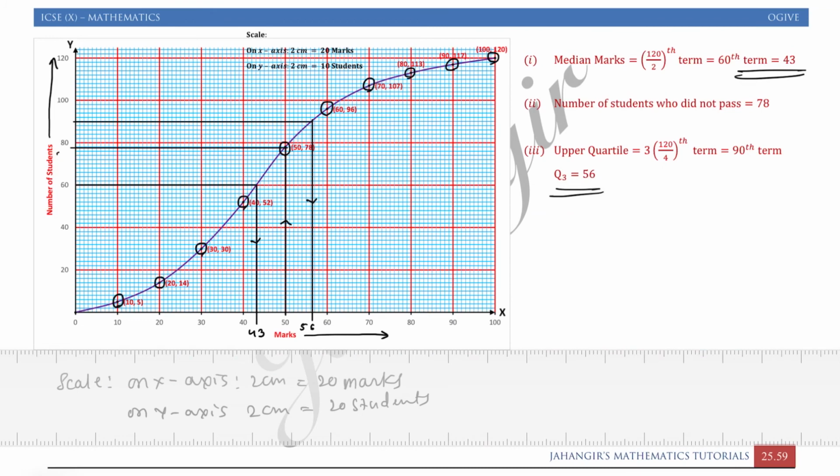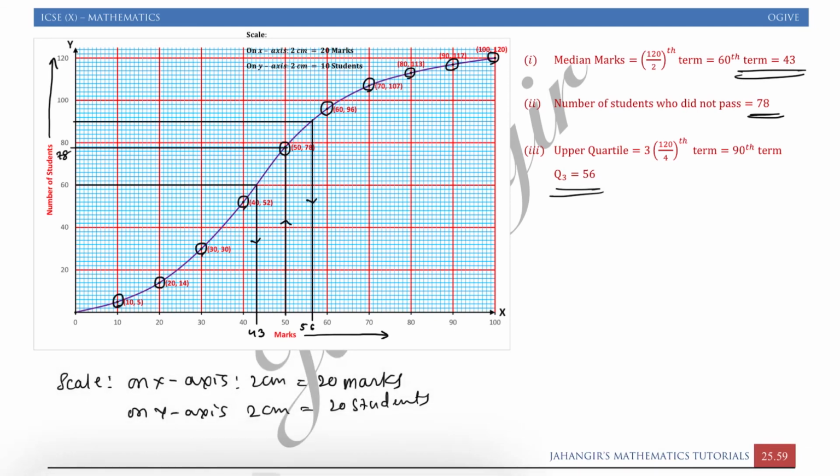This is 78. So did not pass is 78. If they ask how many students passed, you have to write 120 minus 78, so the above part. Here they ask how many students did not pass, so it's the below part. This part is the students who did not pass.